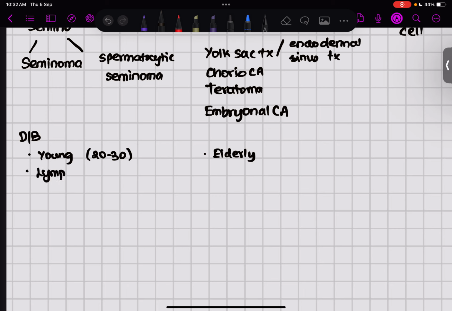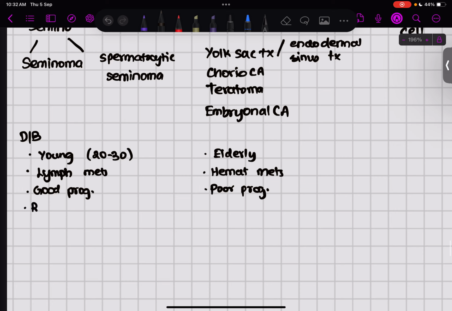Seminomatous involves lymphatic metastasis, non-seminomatous hematogenous metastasis. Good prognosis, poor prognosis. Radiosensitive, radioresistant, but chemosensitive.